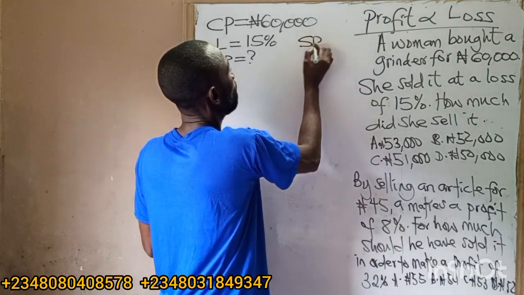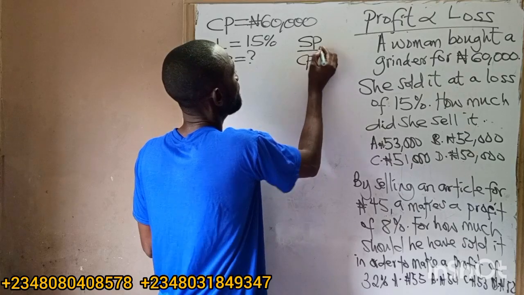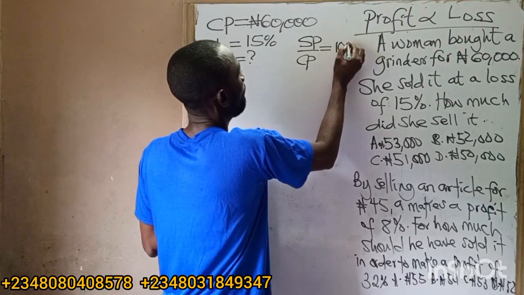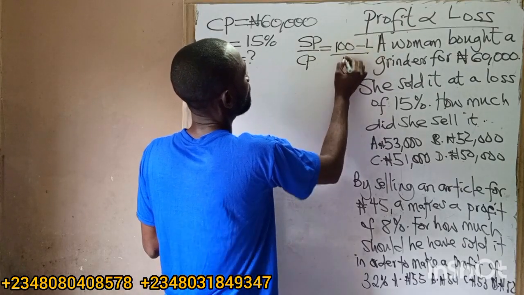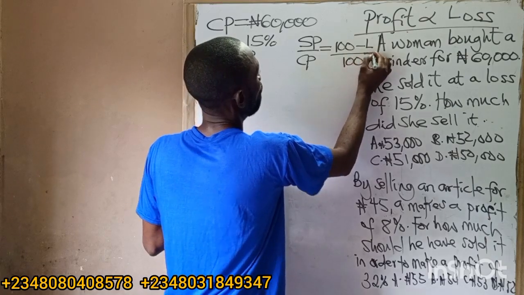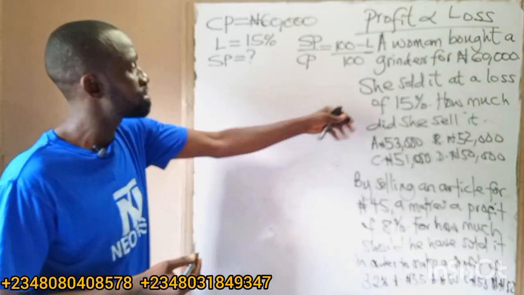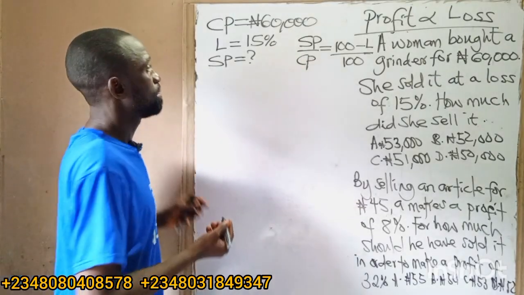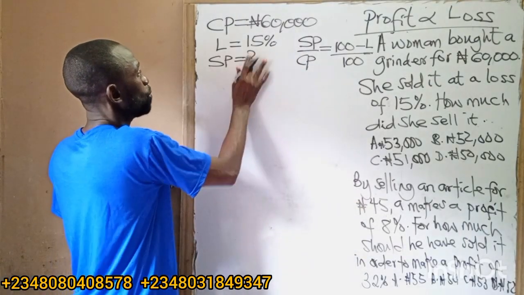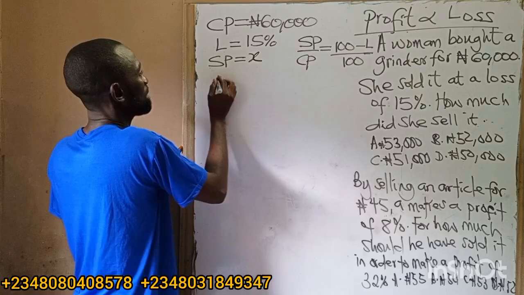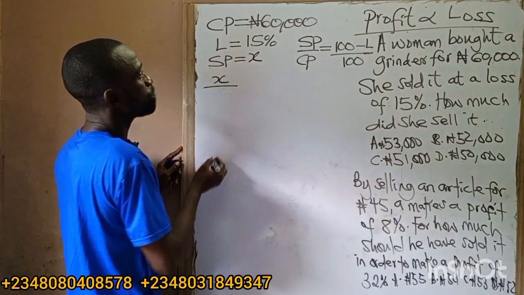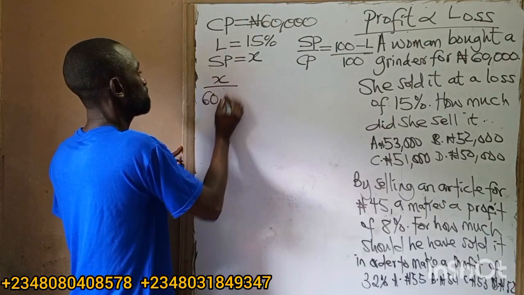Selling price over cost price is equal to 100 minus L, all over 100. So let us just put the parameters into the formula. So we have selling price, we don't know. Let's assume it is X. So our selling price is X, all over the cost price, which is 60,000 naira.